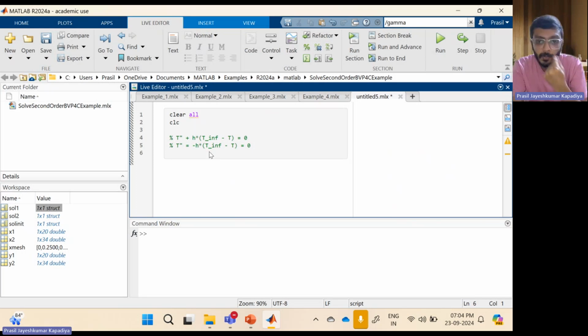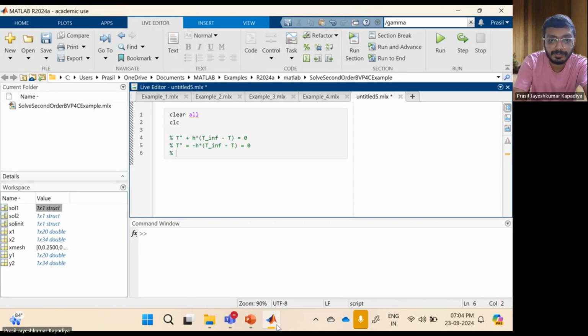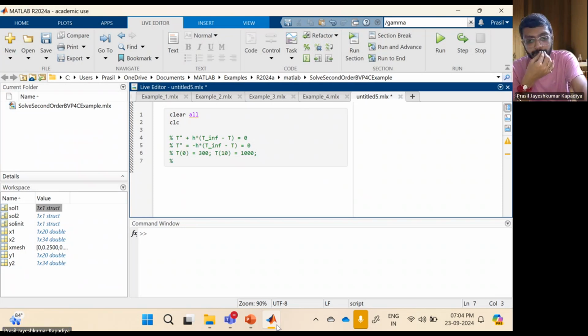So we are given boundary conditions. T of 0 is equal to 300, and T of 10, that is the length of the rod, is equal to 1000. So these are our boundary conditions. What I will do is write y1 is equal to T and y2 is equal to T prime.